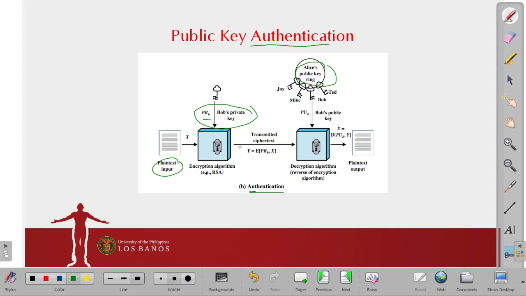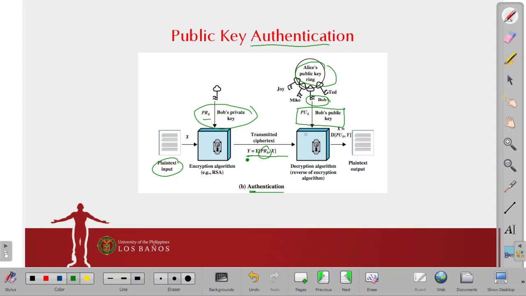Take note that the key used for encryption here is the private key. The encrypted ciphertext will be transmitted to Alice, and Alice will decrypt the ciphertext using Bob's public key.